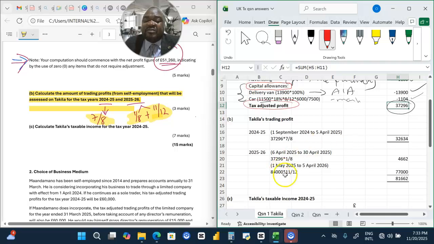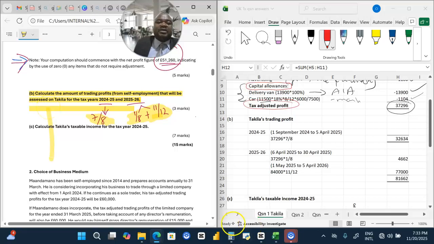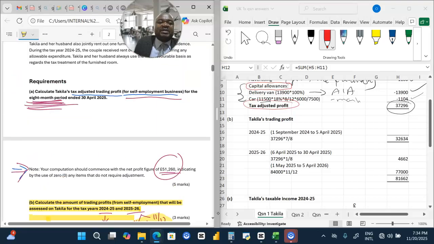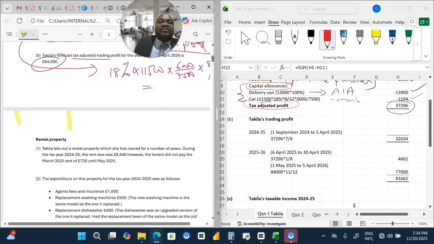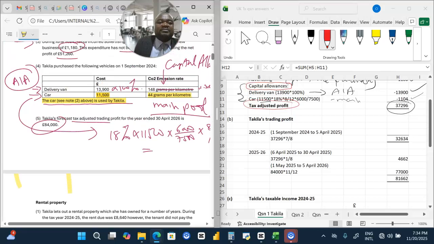And then for the remainder of the 2025-2026 year, the 11 months will then have to be adjusted to the figure which we were told by the examiner that Takila's forecast tax adjusted profit for the year ended 3rd April 2026 is 84,000.